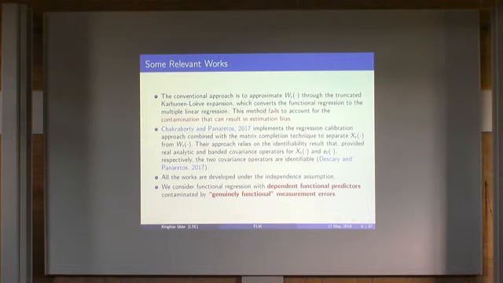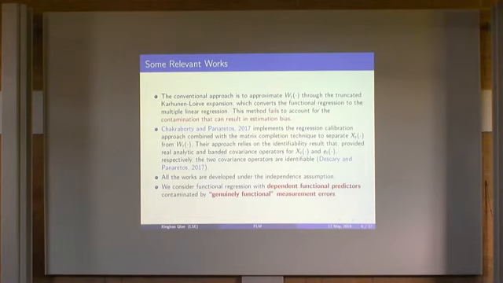But all of the work I mentioned here is developed under the independence assumption. And even in the related work, the covariance structure of the error process is still a banded covariance matrix, so it is sort of a parametric assumption.